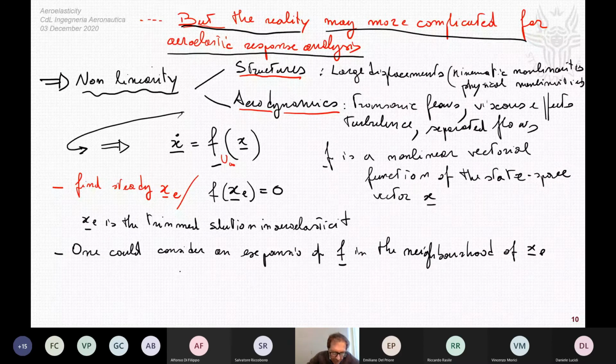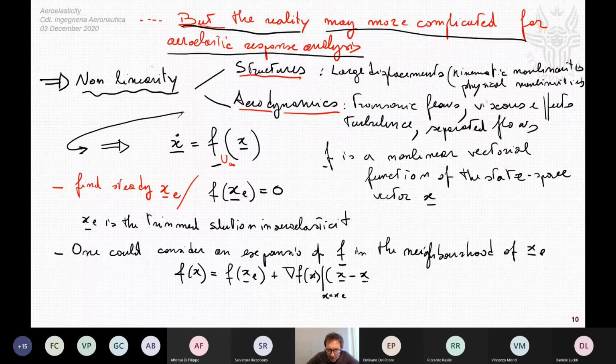And therefore we have f of x equal to f of x in the equilibrium solution plus the gradient of f evaluated in the equilibrium solution times x minus the equilibrium solution, plus higher order terms.